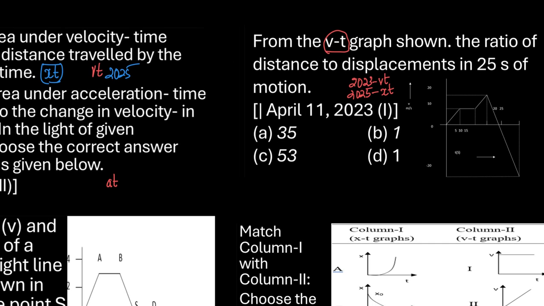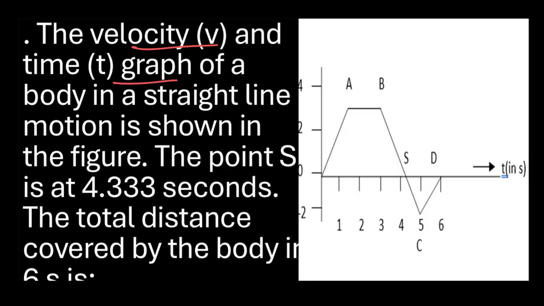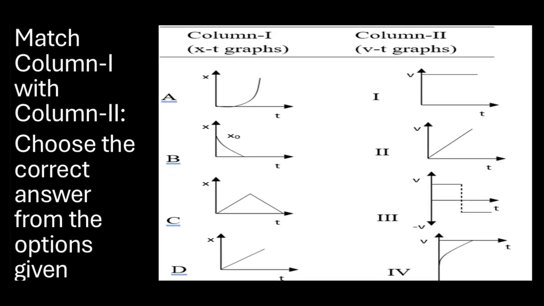Now, another one here, the velocity time graph, the total distance covered by it is, which is again area under the curve. Interesting question. XT graph and the corresponding VT graph. I would say these are the conceptual questions. These are the ones that make JEE Mains defined. I mean, the standard questions, I would say.